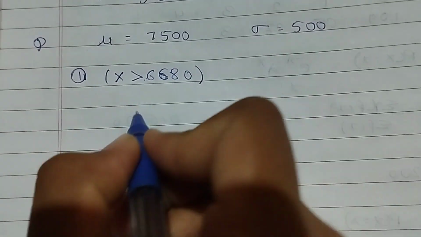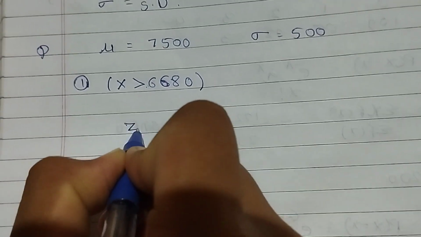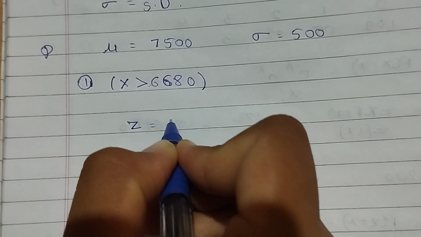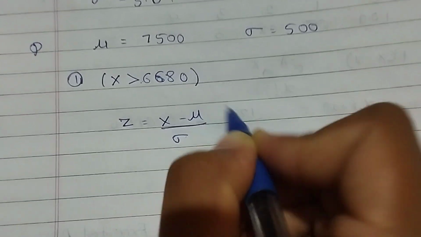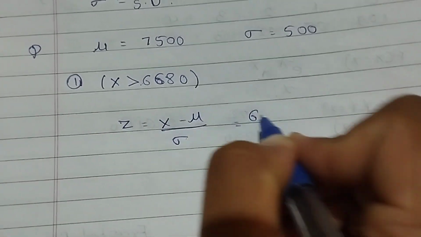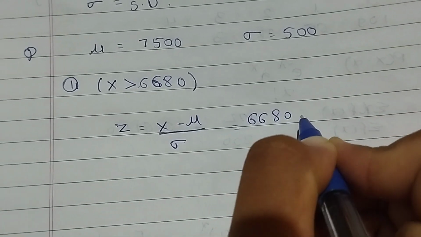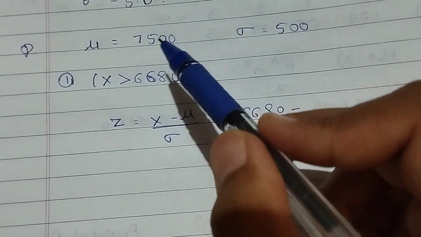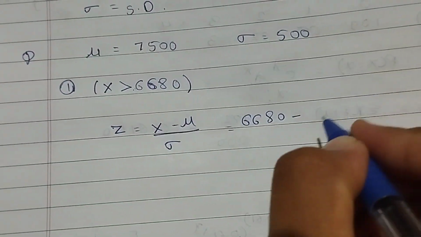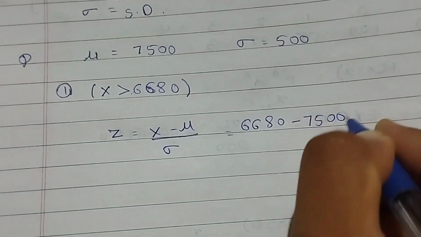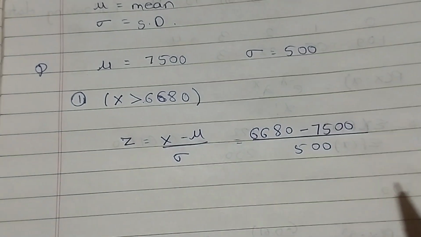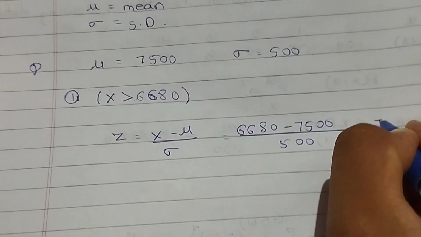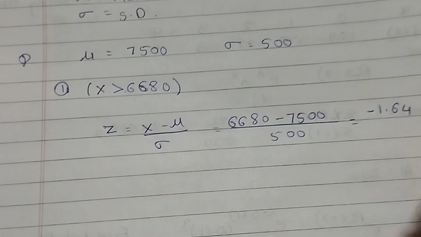First we find z. So z is equal to x minus mu divided by sigma. The value of x is 6680 minus mu, which is 7500, divided by sigma, which is 500, and this is equal to minus 1.64.